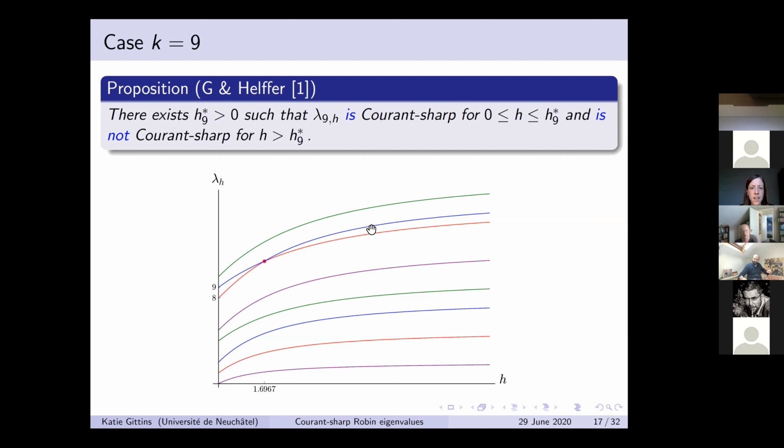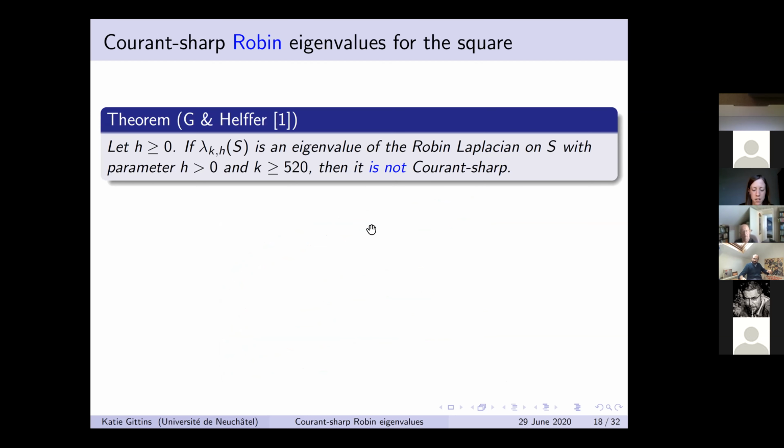In the case of the Robin problem, we can do a similar Pleijel argument, and it's also similar to Helffer-Persson-Sundqvist for Neumann. And when we do that, what we have is that if my Robin eigenvalue on the square is Courant-sharp, then k is at most 519.